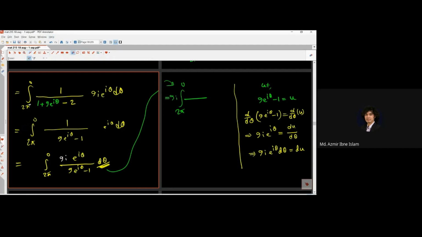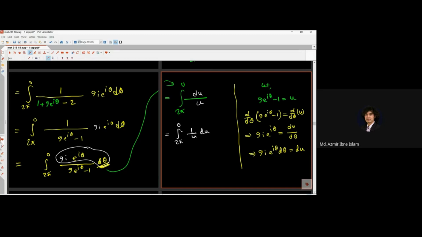So we can see that 9i e to the power i theta d theta can be written as du. Is that okay? Yes, sir. And in the denominator we have 9 e to the power i theta minus 1, that is u. So we have actually the integral from 2 pi to 0 of 1 over u du.